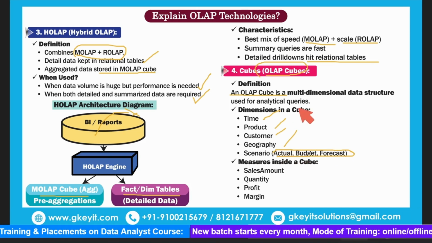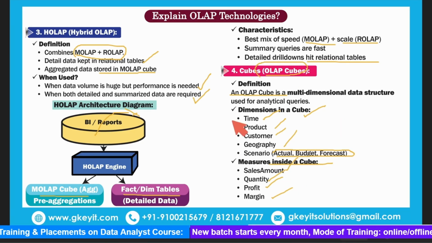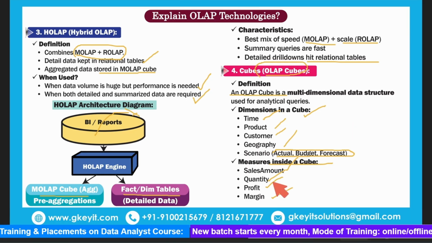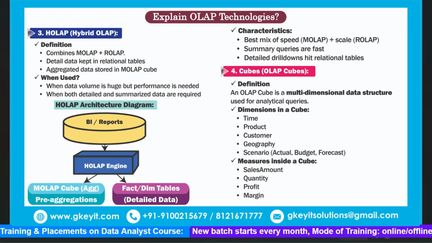That means these are the different dimension tables available in the cube. Measures inside a cube are like sales amount, quantity, profit, and margin. Once we create any cube, these are the dimensions available, and we can make measures out of the values available in the dimension tables and fact tables.